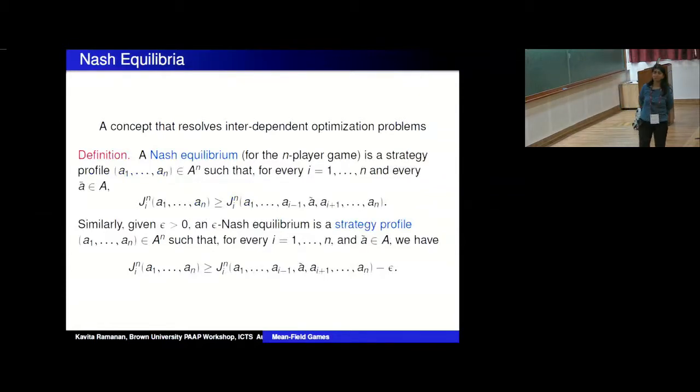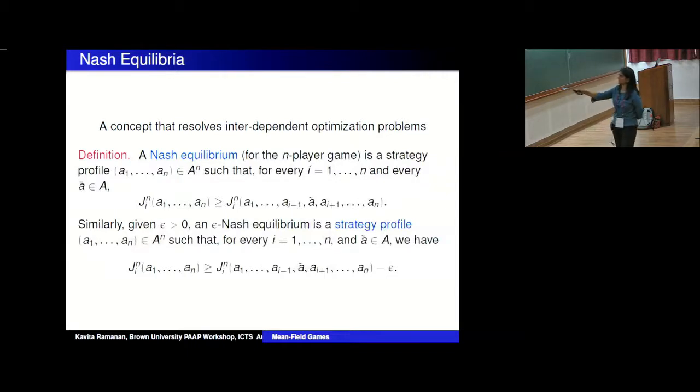The idea of a Nash equilibrium is that the agents are in a state of strategies such that no one agent can unilaterally increase its utility or objective function by just changing its own action. Okay, so that's what this is saying.